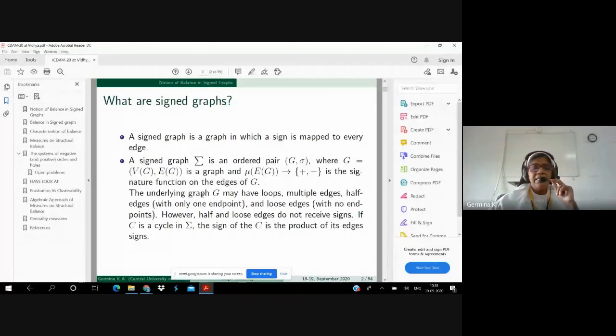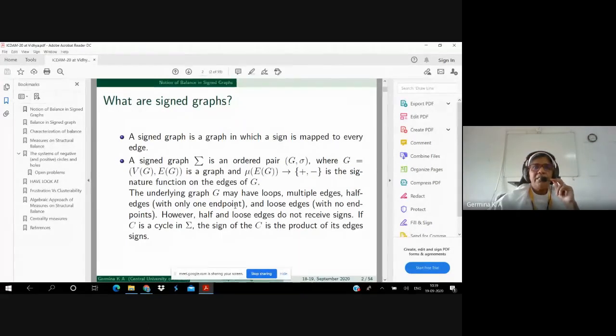So this underlying graph G may have loops, multiple edges, half edges with one endpoint. But what do you mean by half edge? We are of course aware of what we mean by loops and multiple edges in a graph. But what are half edges? That we usually do not see, that is, edges with only one endpoint.